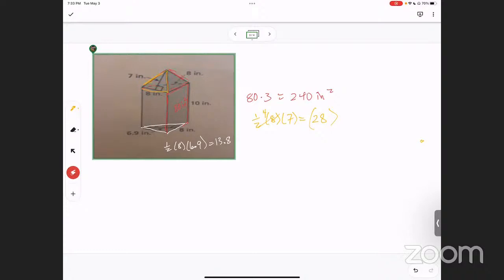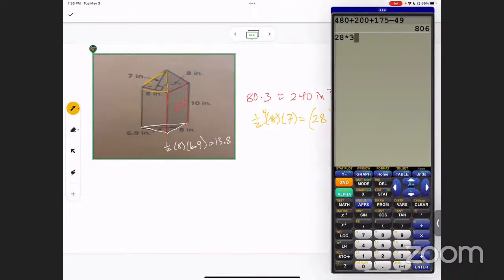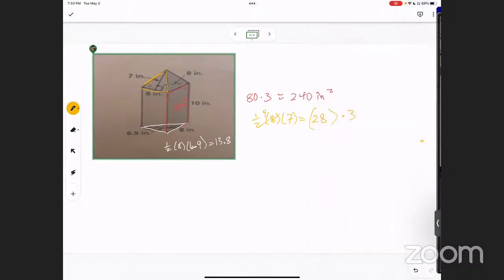Okay, I was thinking like the little triangles. Okay. Right. You see how we did that full triangle? I was overthinking it. So okay. 28 times 3. So then just add those together. Whatever 28 times 3 is, plus 240 plus 13.8. Wait, 28 times 3. Did I do that right? Wouldn't it be 14 times 3 because it's half? No, because remember I took 8.